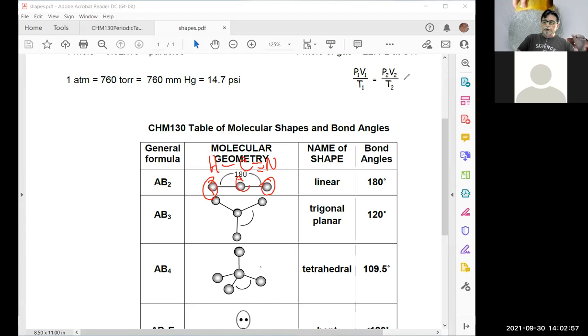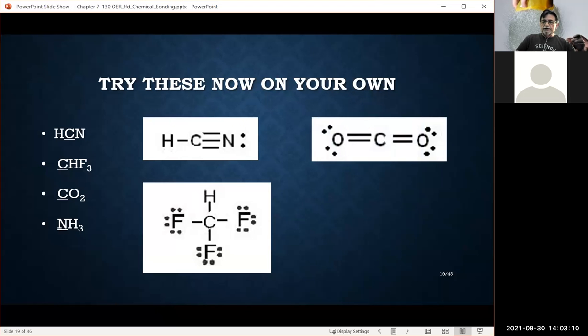Right? We're slowly building up, hopefully, a better understanding about chemistry and how it interacts and reacts with our environment. Anyway, we got this, and there's the formula. Linear, okay? And there you go.